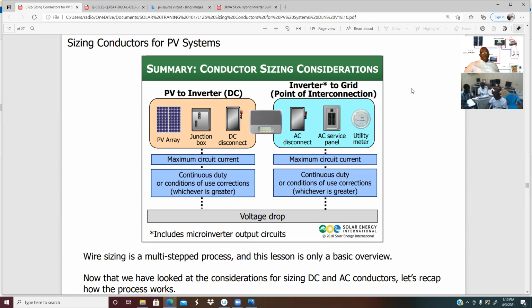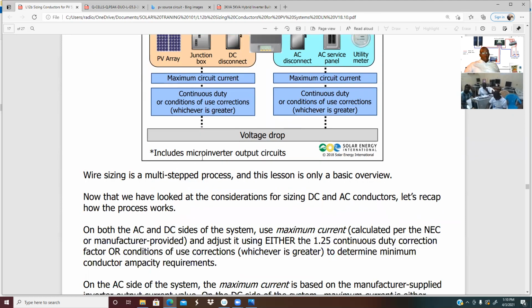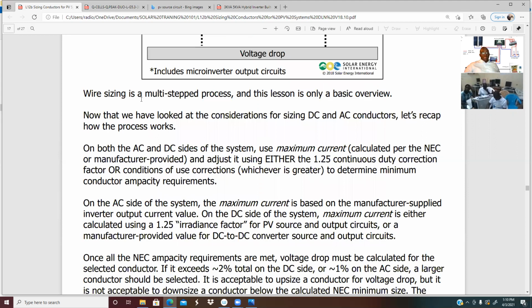From the inverter to the grid: point of interconnection, the AC disconnect, the AC service panel, utility meter, maximum current source, continuous duty or conditions of use, voltage drop, including microinverter. Wire sizing is a multi-step process, and this lesson is only a basic overview.